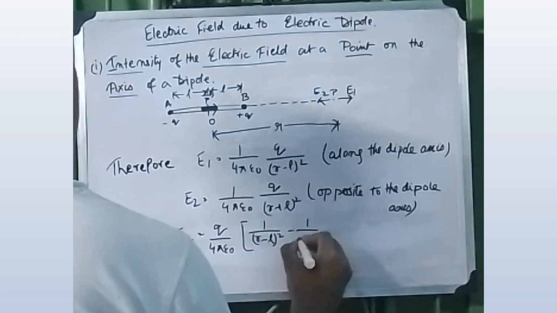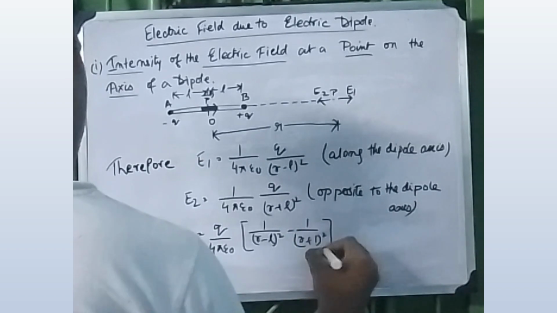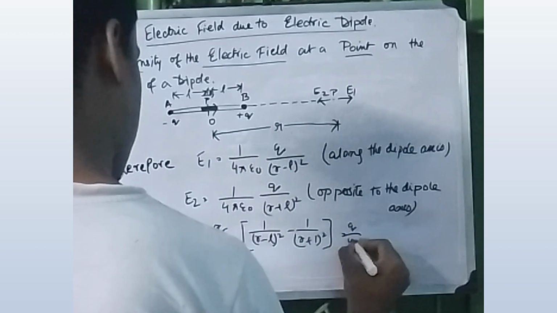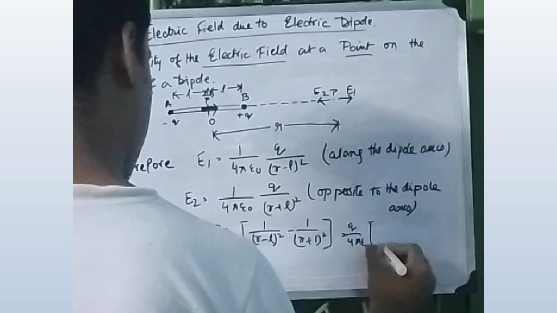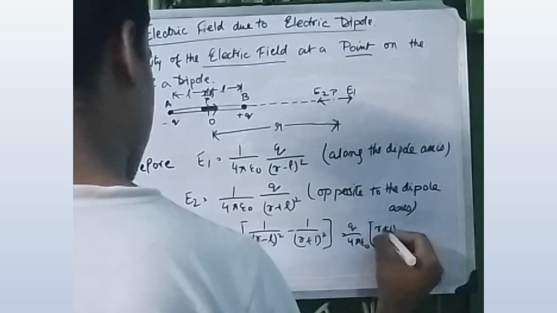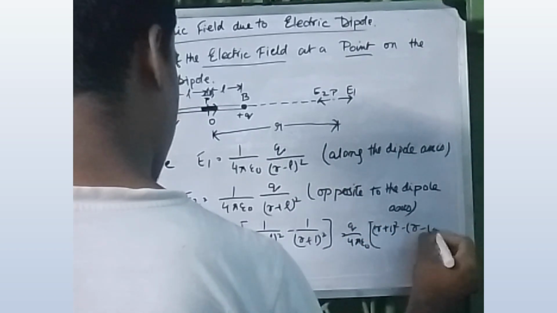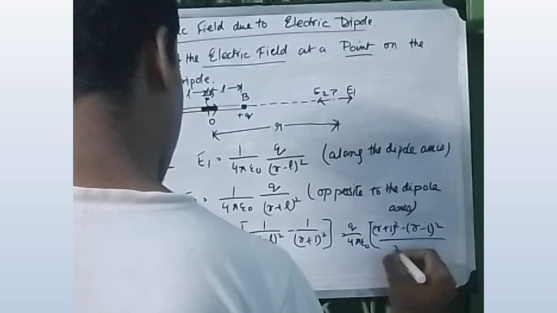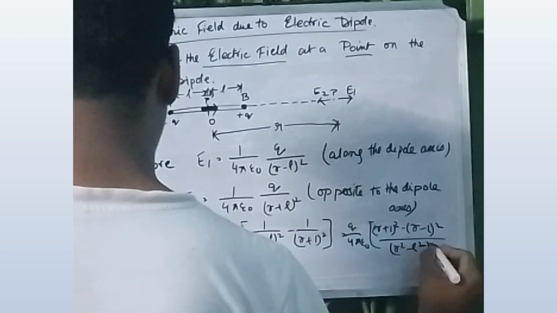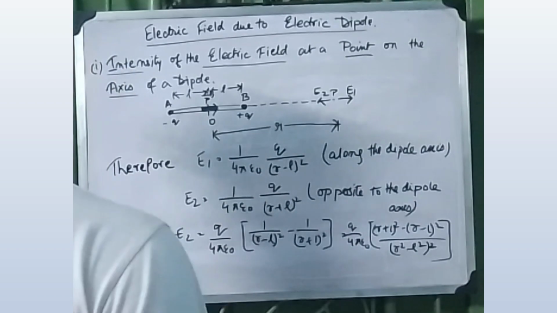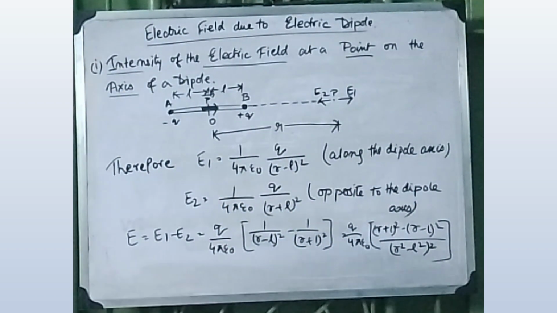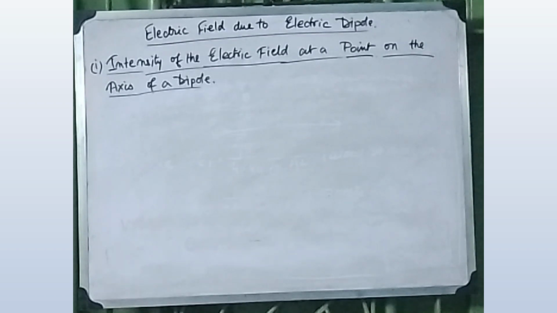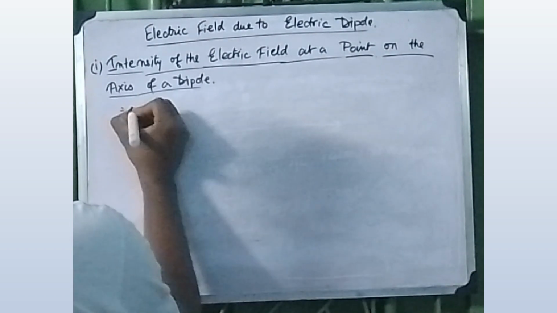Therefore, we can write E equals E1 minus E2, which is equal to q divided by 4 epsilon naught within brackets 1 by (r minus l) whole square minus 1 by (r plus l) whole square, which will result to q by 4 epsilon naught (r plus l) whole square minus (r minus l) whole square divided by that number.